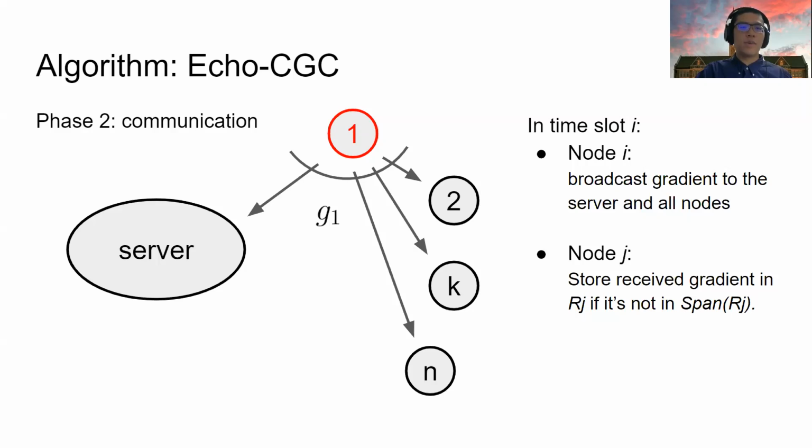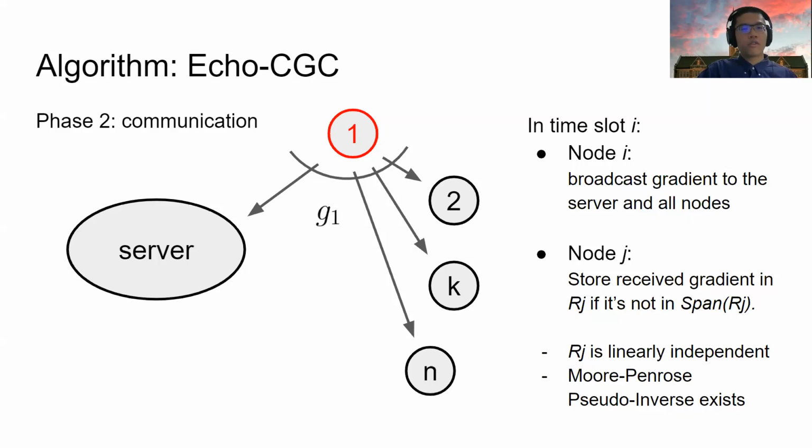If it is not in the span, then worker j will store this new gradient in R_j. This mechanism ensures that R_j is always linearly independent. So if we treat R_j as a matrix whose columns are the stored gradients, then the matrix always has a more-Penrose pseudo-inverse.